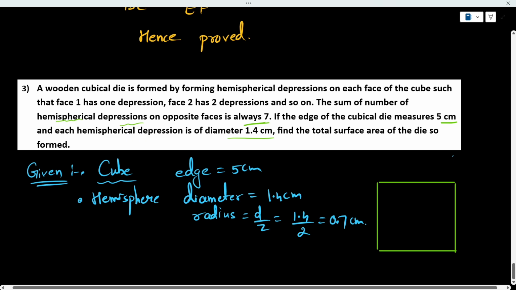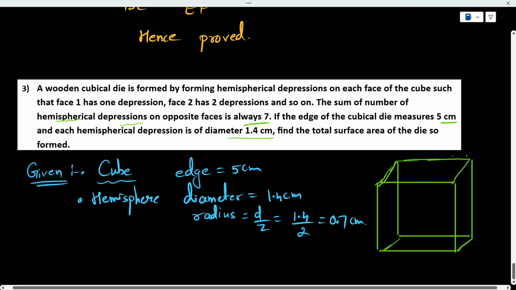So let me quickly draw this, and we'll try to draw the hemispheres to understand what they are asking. If this is a cube right here, and if I take it from here, it can come like this, and this is a cube, right? If I join this, how many faces will there be?